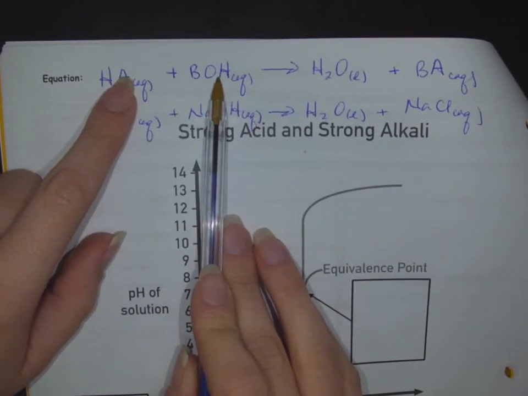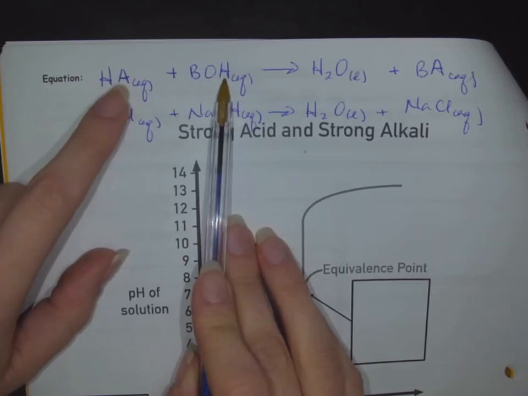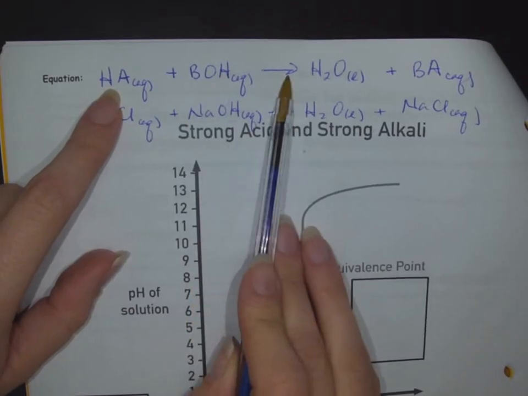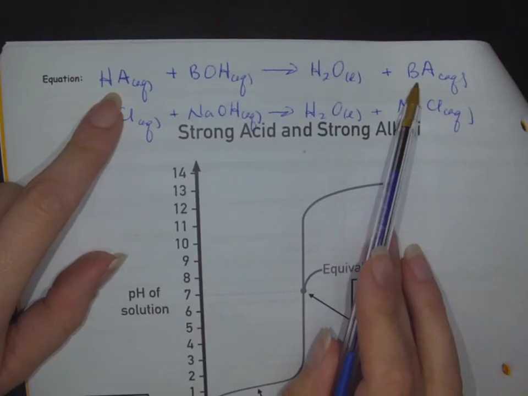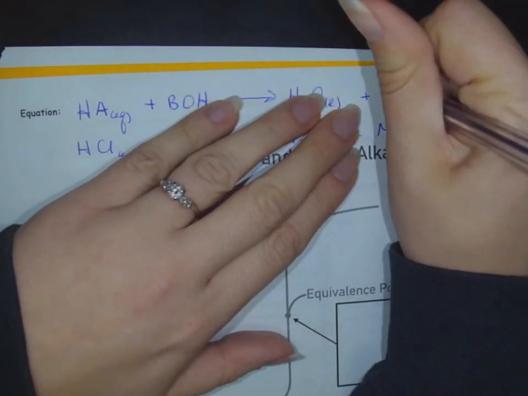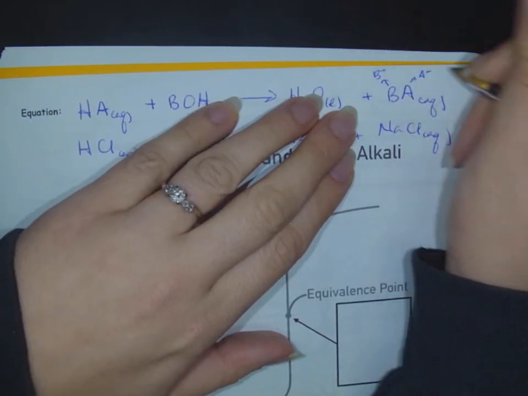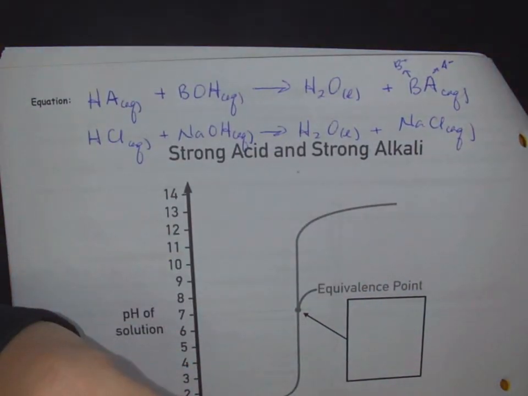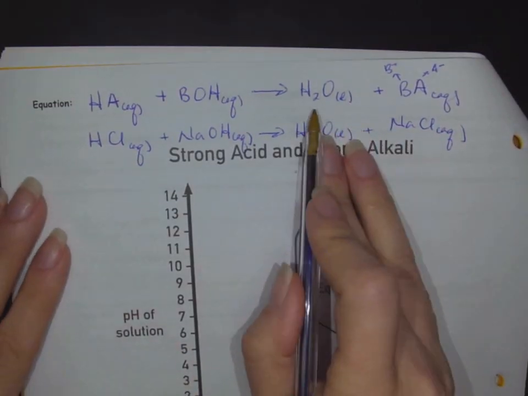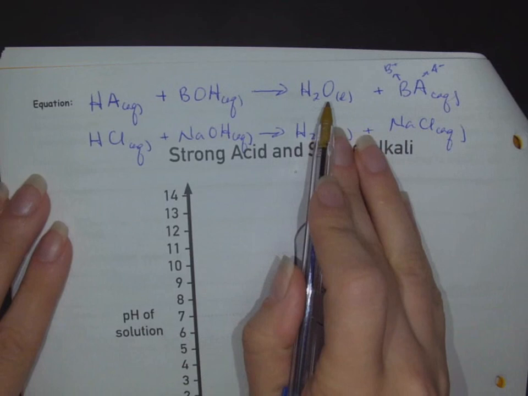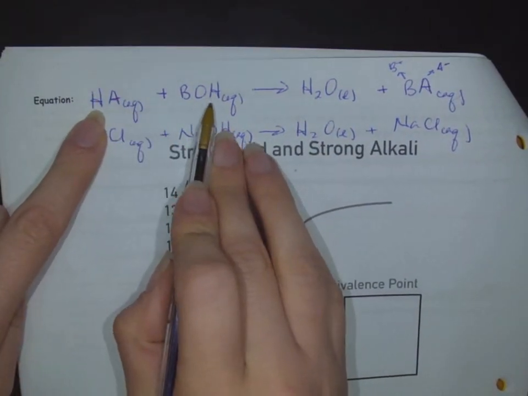Now if I have equal amounts of acid and base, this is a one-way arrow. These are going to completely react, and they're going to turn into water, and then this B plus and this A minus that's floating around in there, okay? So all of this gets consumed if there's an equal amount of base.